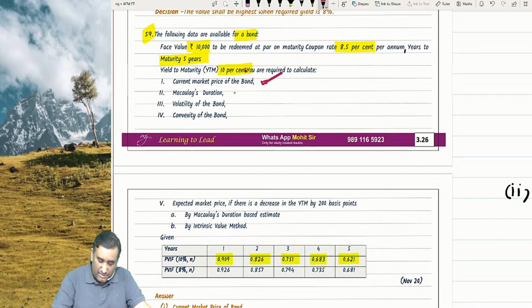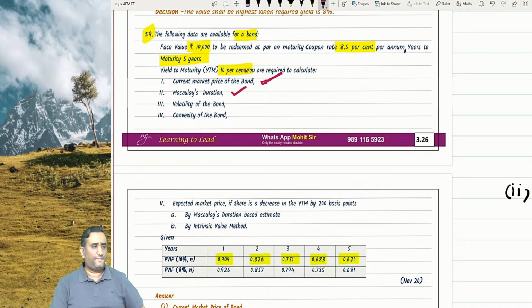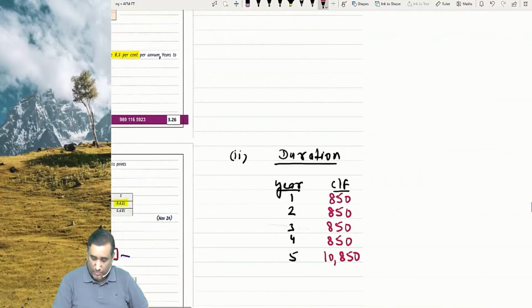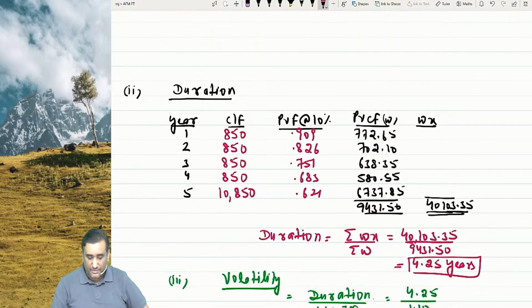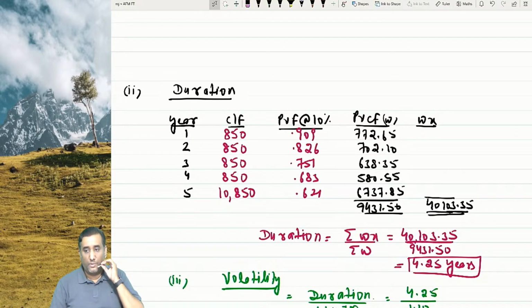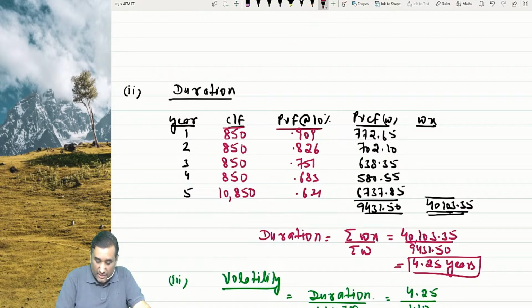Then the second part is duration. Let's calculate first, second, then duration. I have the second part duration answer from year 1, 2, 3, 4, 5 cash flows, present value factor at the rate of 10%, PVCF, WX.